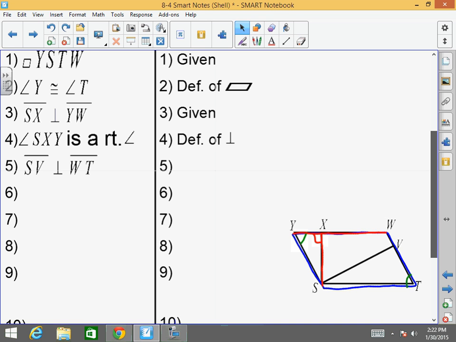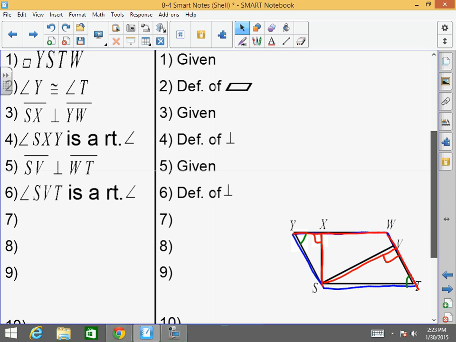Then they also tell you that SV is perpendicular to WT. So remember what I told you. We have a little triangle over here being formed. So I think angle SVT is also a right angle. Definition of perpendicular. So far it's a very long proof, but so far it's pretty simple.